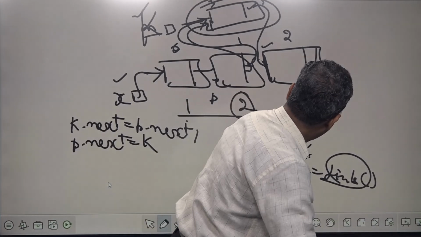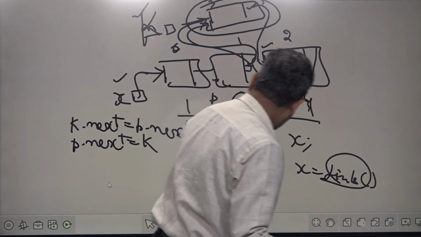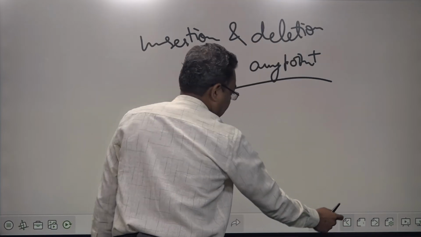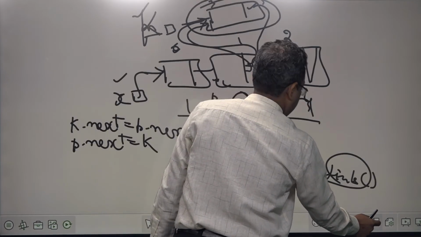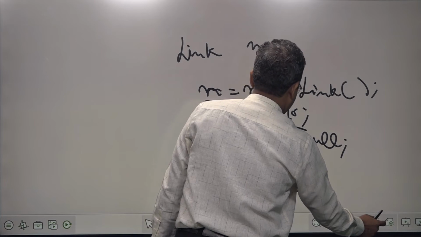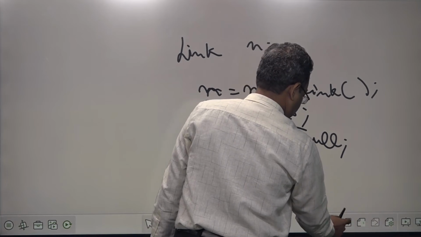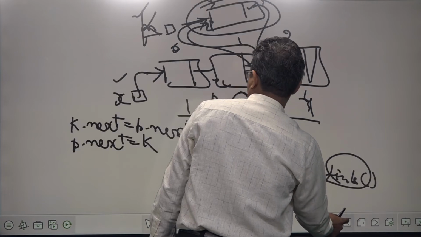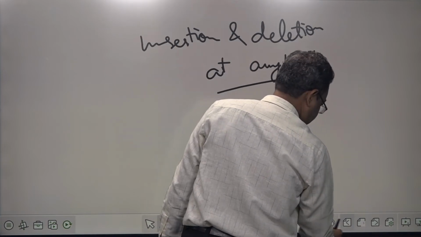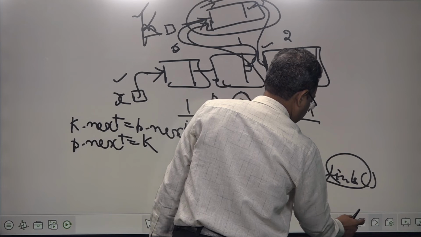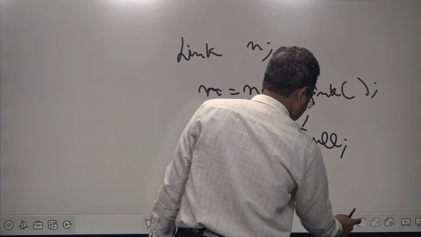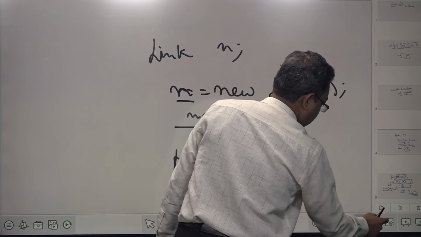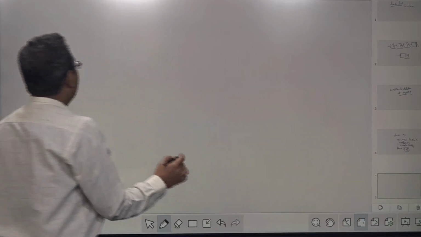Let's try to understand the deletion of a node from the existing list, and for that, let me go for a list.